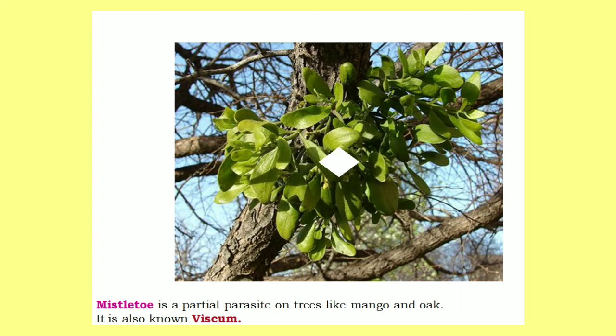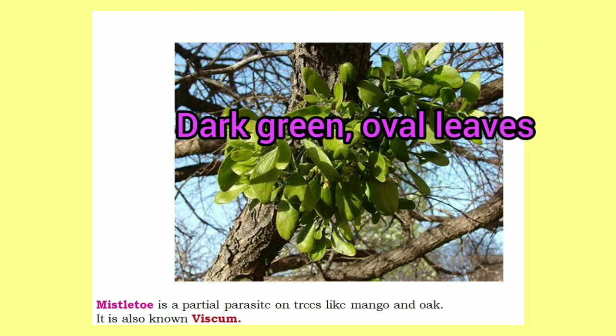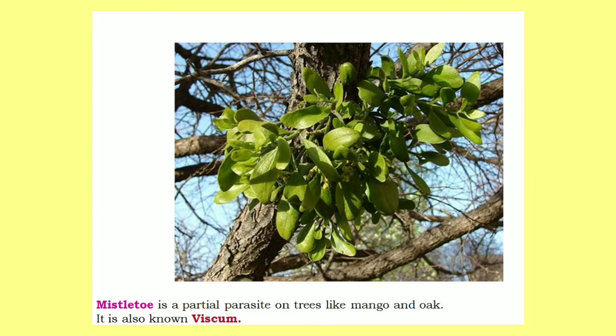We have the next one, Mistletoe, which is also known as whisker. In this picture, you can see Mistletoe. Mistletoe bears large, leathery, dark green oval leaves in pairs.